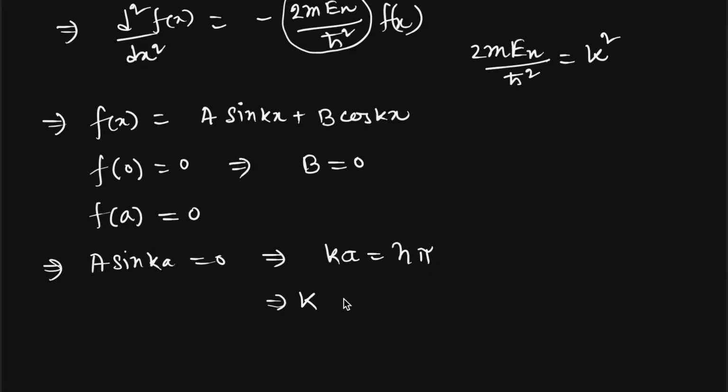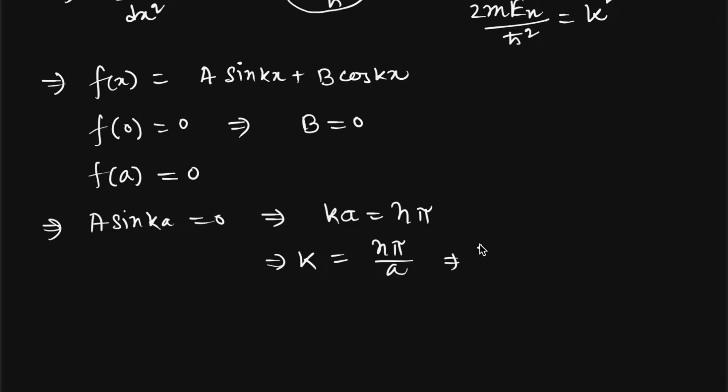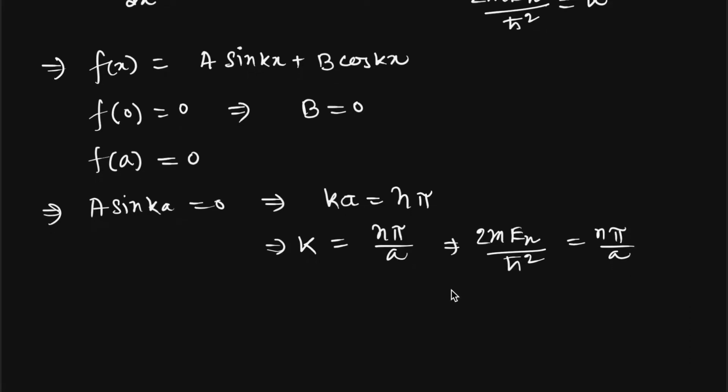The value of k can be calculated as nπ by a. That means 2m En by ħ² is equal to (nπ by a)².